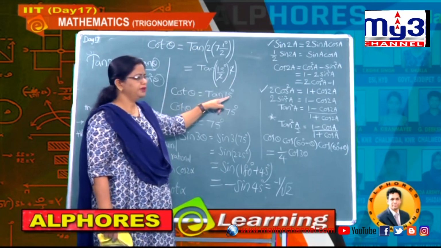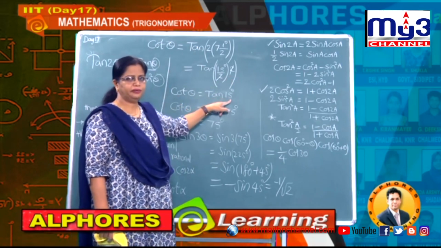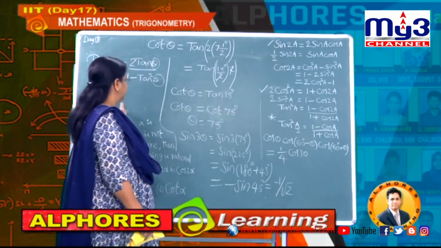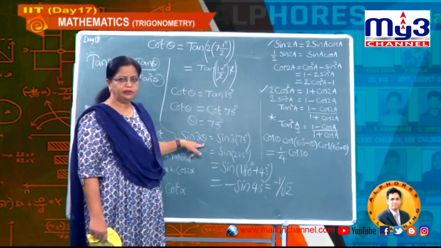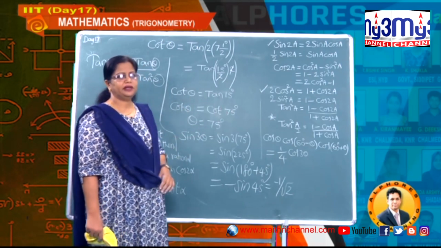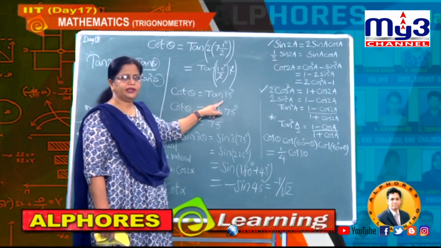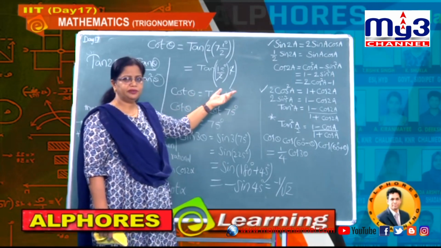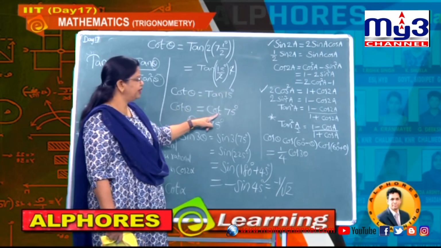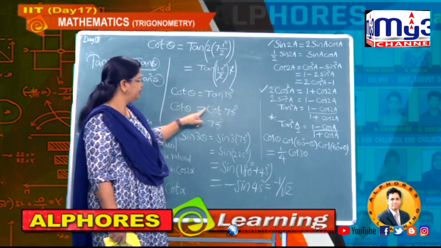So immediately there is no need of writing the value, even though you know 2 minus root 3, not necessary, because the required value is sin 3 theta. So the requirement is exactly theta, but not cot theta. Tan 15 implies 2 minus root 3, not necessary to write here. So we got cot 75, as both are in cot.